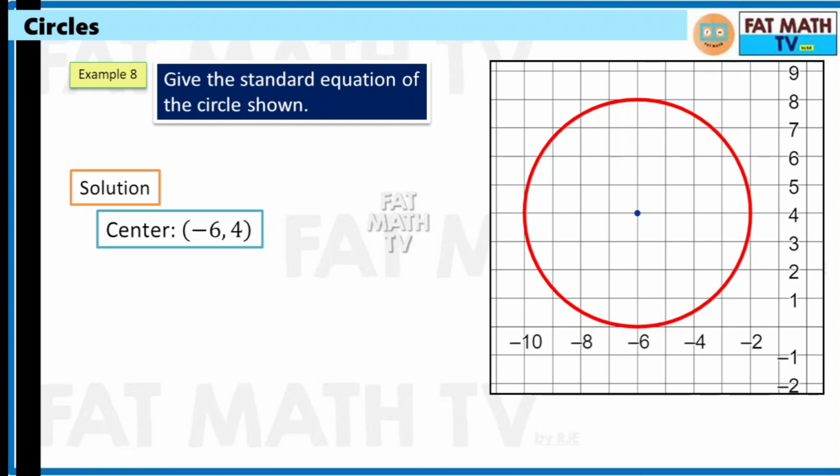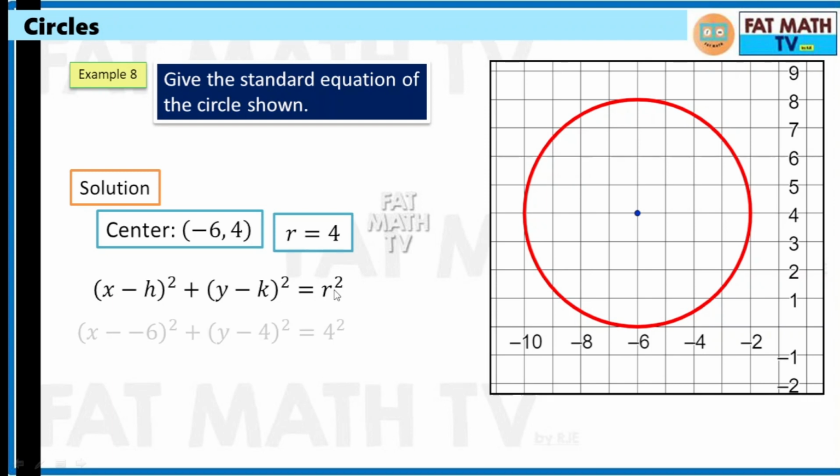And the radius is, you can count, how many units is that? 1, 2, 3, 4. So 4 units. So the radius is 4 units. So x minus h squared plus y minus k squared equals r squared. That will give you, replace h with -6, replace k with +4, and r with +4.